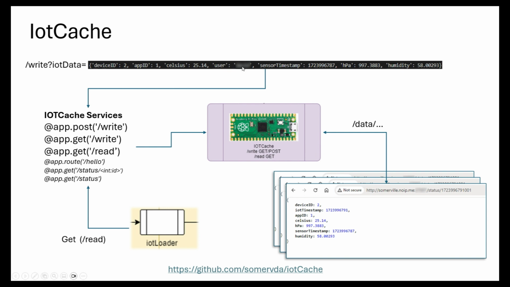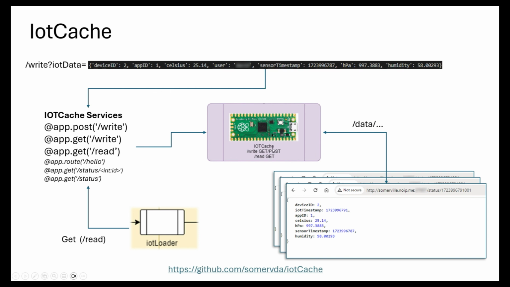Any other users it'll just ignore. And then the actual IoT data, and this is just JSON data and can be different for different sensors. So it just takes, in this case, for a climate sensor, the Celsius reading, the air pressure, and the humidity. And as well, I'm setting up a sensor timestamp in this case.